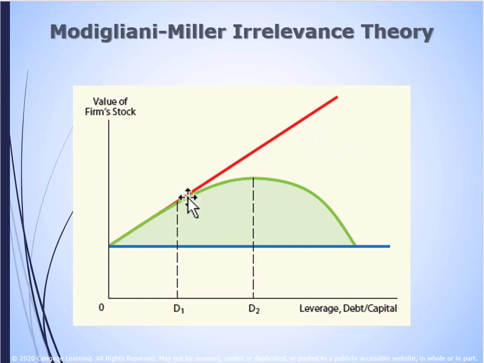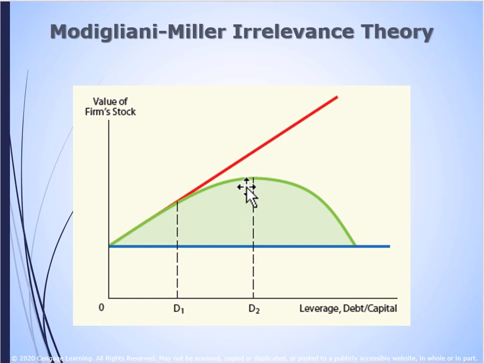Now the curvilinear function here represents what happens when we include not just taxes, but also financial distress. As the downside of borrowing increases, which only happens when you borrow more money, that financial distress cost could possibly increase, and it starts to eat away at the benefit that you get from the taxes on the interest.